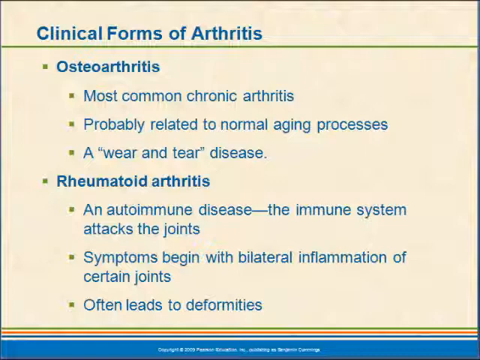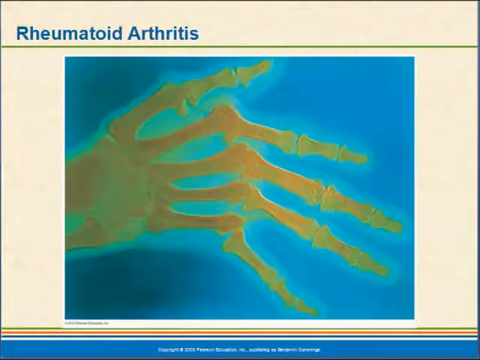Osteoarthritis is usually unilateral. You have one joint on one side or several joints on one side that cause you problems. Rheumatoid arthritis is bilateral, and you can have both hips hurt or the fingers and joints on both hands. And this can often lead to deformities such as this.